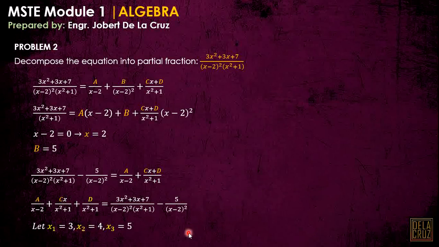Now, look at this. If I let x as 3, what happens to A here? Just follow this equation. That will be A over 3 minus 2, or just A. Then here, x is 3, so 3 over 3 squared plus 1, that is 10.